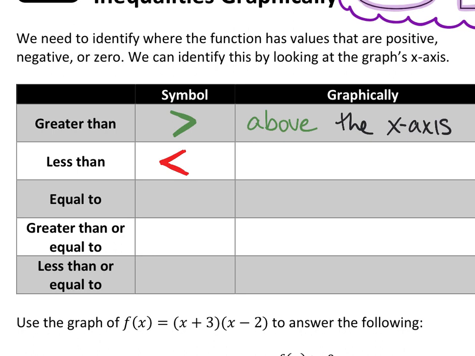All we're going to be looking for on a graph is the interval where the graph is below the x-axis. Equal to is not technically an inequality symbol because it's an equality symbol. So obviously today you're looking for the equal to sign whenever you're looking for equal to. And what we're looking for whenever we have equals is exactly on the x-axis.